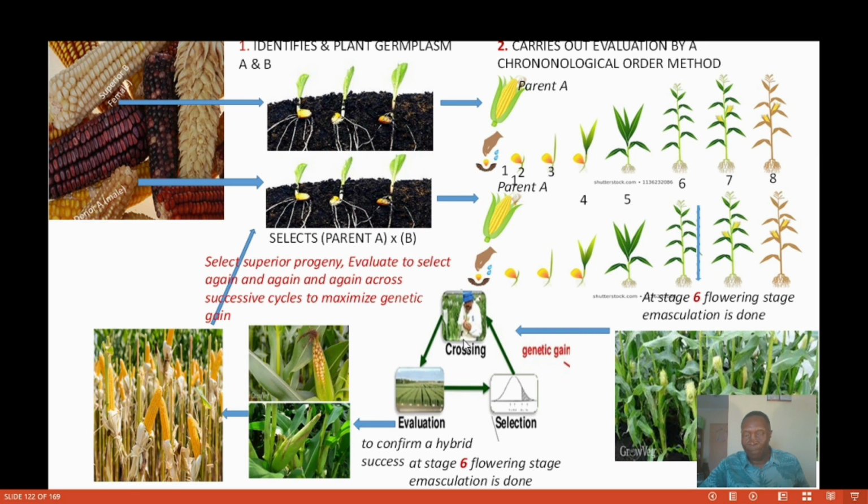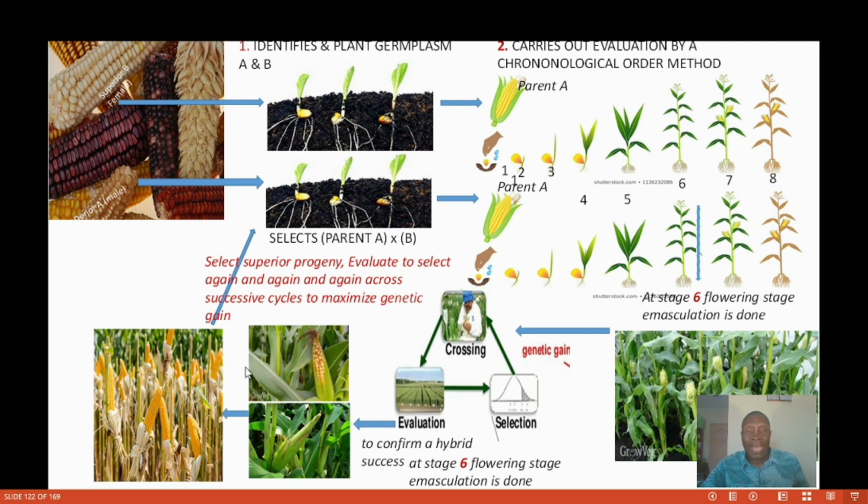We do a crossing. Then when we do the crossing, we allow these plants to go on up to stage 8 here. And of course, at stage 6, as you can see, when we cross, we will have to evaluate the crosses to make sure that they have actually resulted in a fertilized plant that has formed the zygote, and we allow it to progress to this seed here.